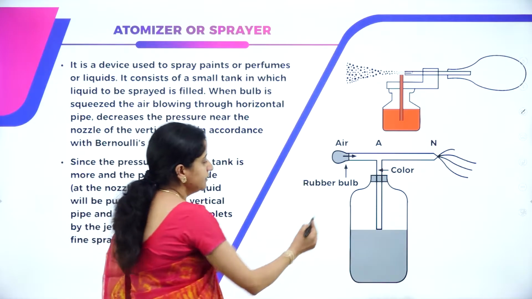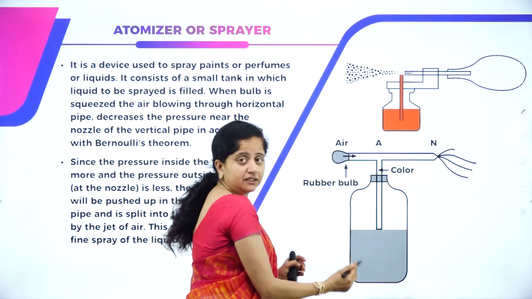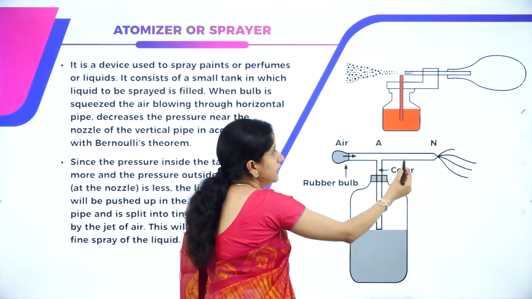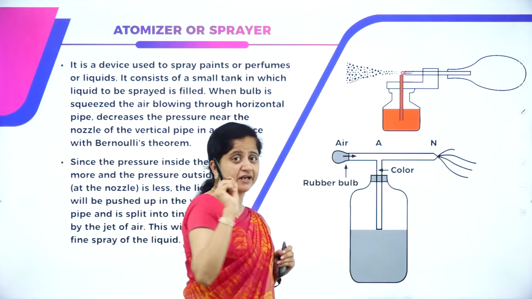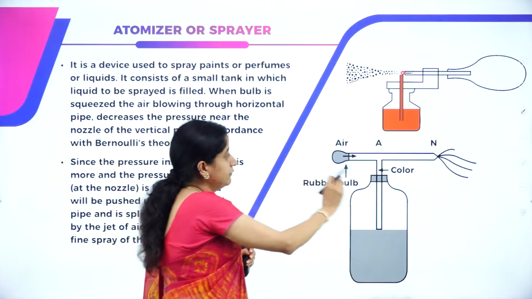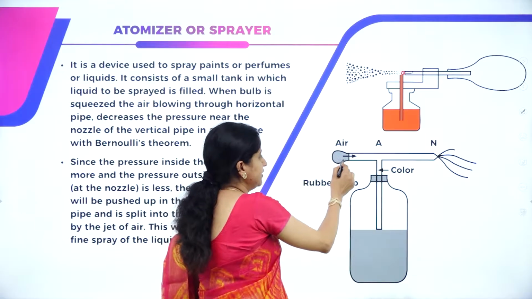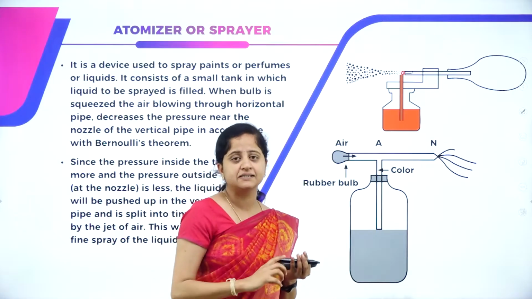Here we have a liquid contained in a container. We can observe one vertical tube, one horizontal tube, and a fine nozzle which will give us tiny fine droplets of the fluid stored in the container. It is also fitted with a rubber bulb which we can squeeze to increase or decrease the pressure.